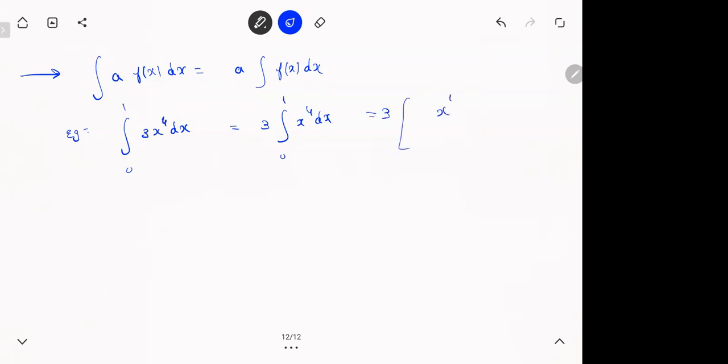So that will be x power 4 plus 1 by 4 plus 1, limit 0 to 1. That would be x power 5 by 5, 0 to 1. That would be 3 times 1 power 5 by 5 minus 0 power 5 by 5. That is 0 only. So that will be 3 by 5. So if you have a constant into a function, push the constant outside and integrate, just like differentiation.